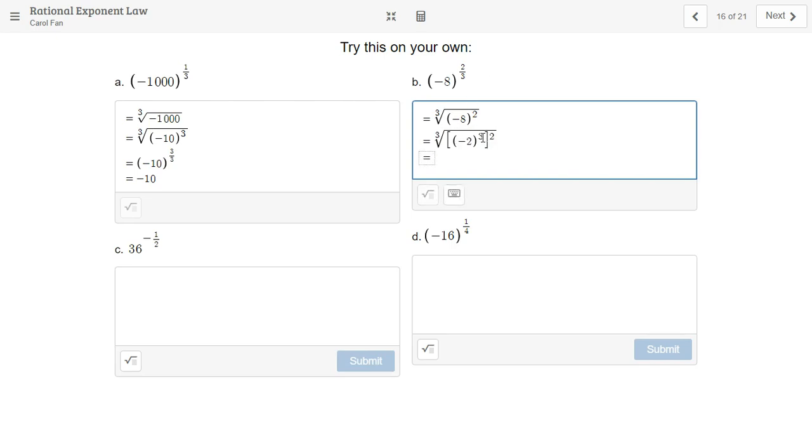Once again, this part here is the same as the index there. So the only thing left is the radicand. Negative 2 to the power of 2, which equals 4.